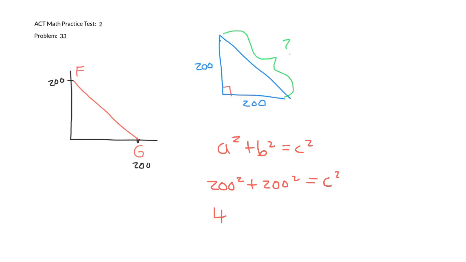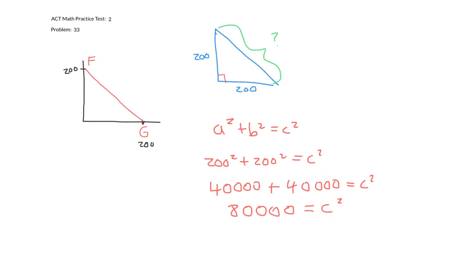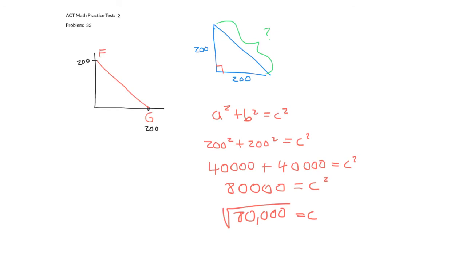Let's see, 4 with 4 zeros, big number, plus the same thing, and that equals 8 with those zeros, 80,000, right? Then you would have to take the square root of both sides, and you would end up with the square root of that. I'll do a little comma for these as well.